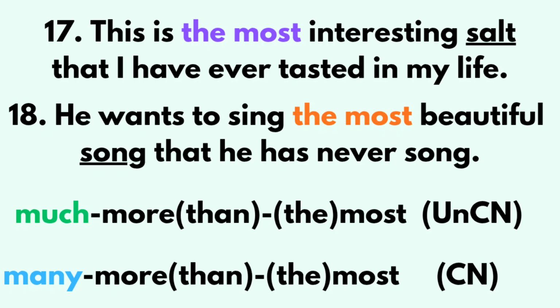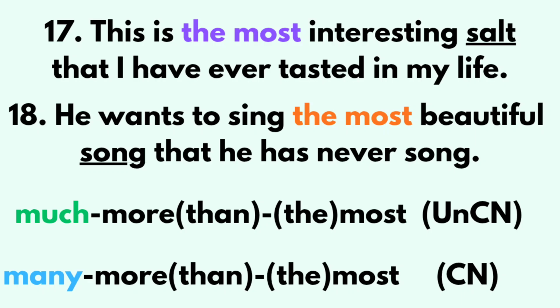Much is used with uncountable nouns and many is used with countable nouns, right? Generally we have three kinds of sentences: positive, comparative, and superlative. Much and many are used for positive sentences. More and the most are common to both. Much, more, the most. Many, more, the most. When you compare two things, you have to use more than, right?